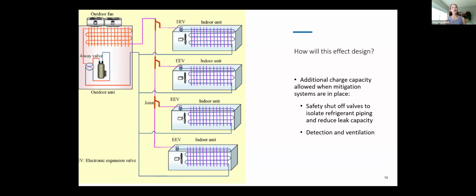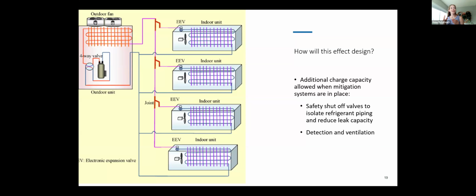This basically minimizes the potential for reaching that maximum LFL that we talked about in the last slide, and can really reduce the potential life safety impact of a refrigerant leak in a VRF system.